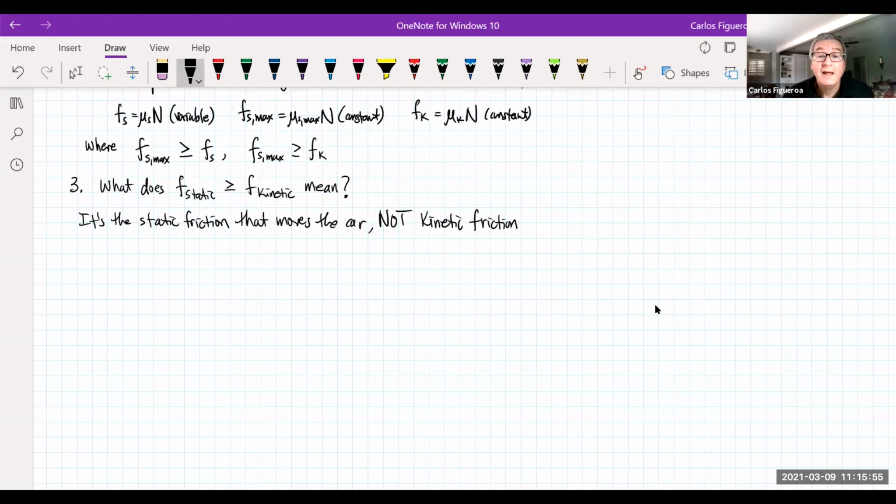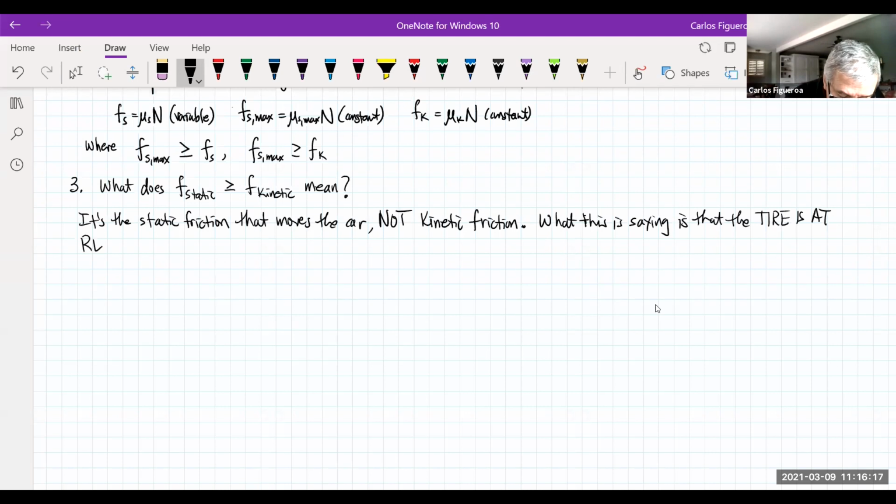And what this is really saying here is that the tire is at rest relative to the ground.